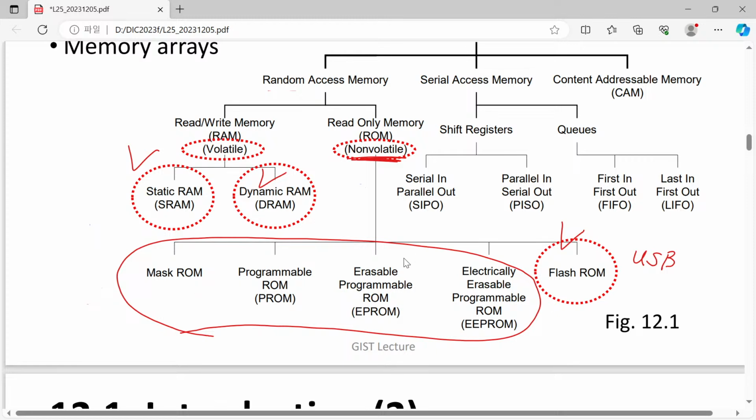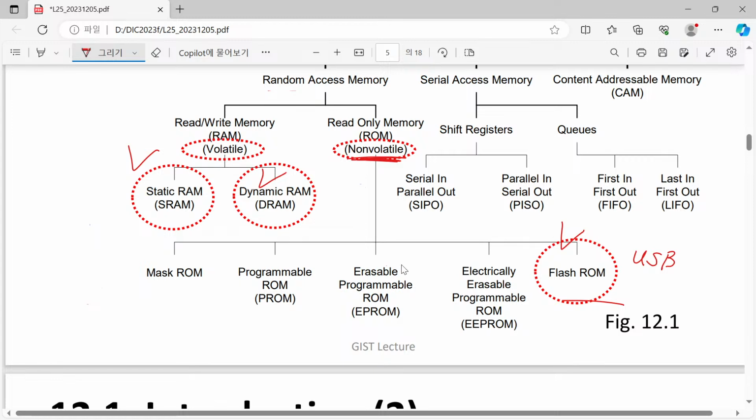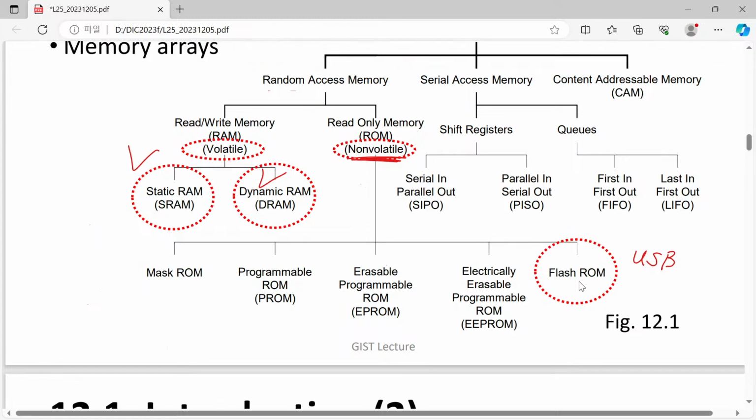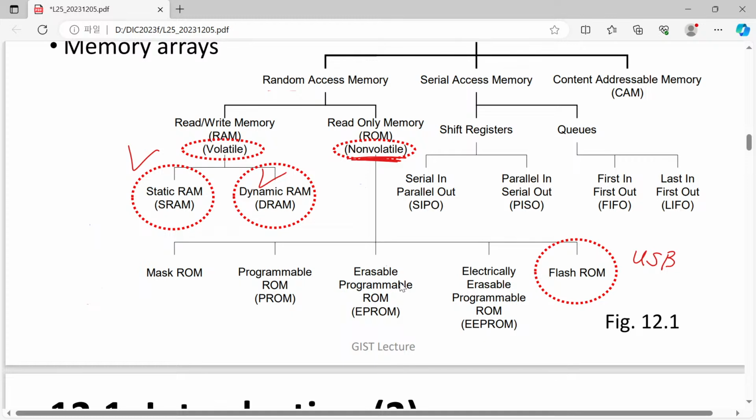If I ask you why we had to use this memory, it is simply because at the time we had no flash. If we have a better memory cell, we can of course move to the better one. That is also related to the progress of our fabrication technology.